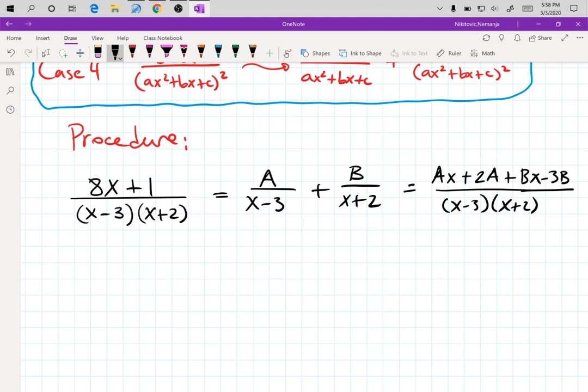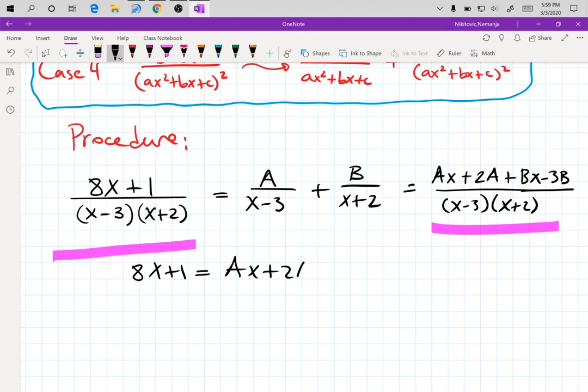Hopefully you see that the left and the right have the same denominators, which means that their numerators must be equal. So now I can write that 8x plus 1 is equal to Ax plus 2A plus Bx minus 3B. I just equal the left and the right side. The denominators are the same, so they would cancel on both sides. And all I have is this.